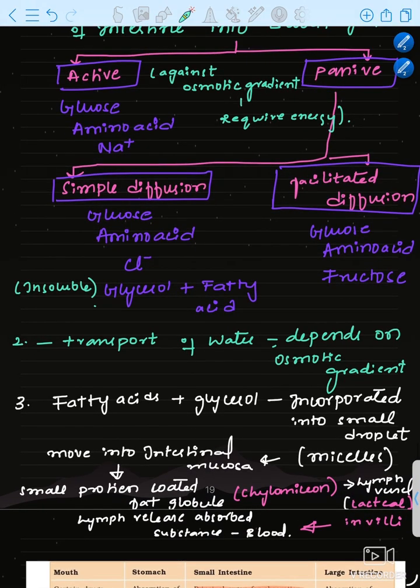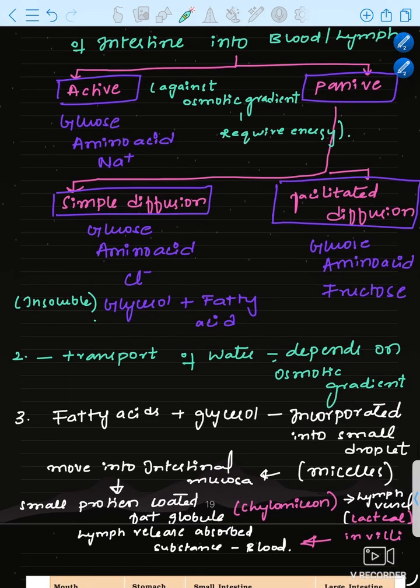Now this is the transport of water. Water depends on the osmotic gradient. But the other substances go through their own processes: active, simple diffusion, facilitated diffusion. But what process do glycerol and fatty acid have?